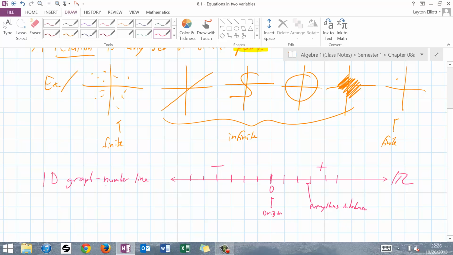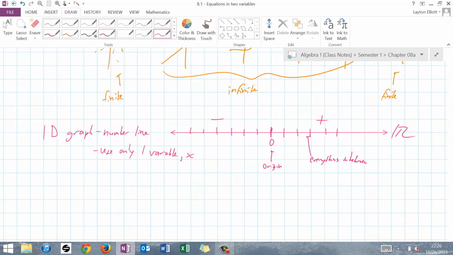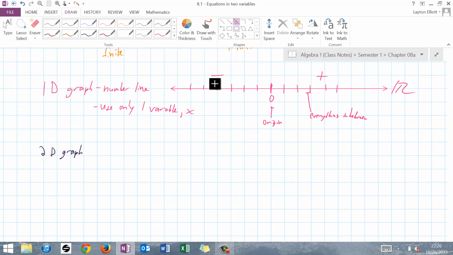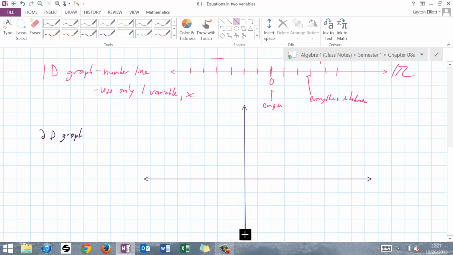The thing about the real number line with 1D graphs is that they use only one variable, like when you're solving for only one variable. And most of the time that variable is an x. Let's contrast that now with a 2D graph. A 2D graph is where I take that number line and I create a second number line and put it in a different dimension.